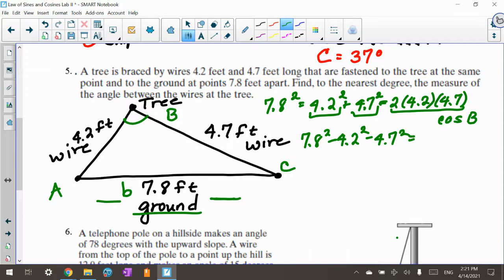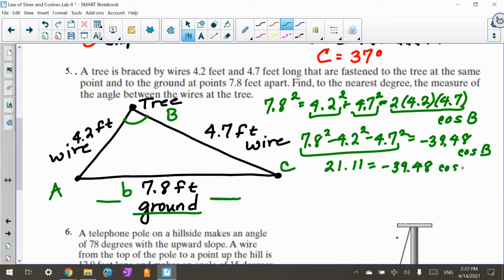Equals, and when I put those three in my calculator, I get negative 39.48 cosine b on that side. Then I'm going to put all these three together. When I do that, I get 21.11 equals negative 39.48 cosine b.